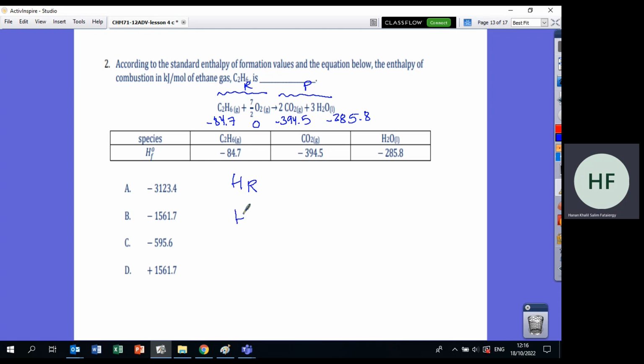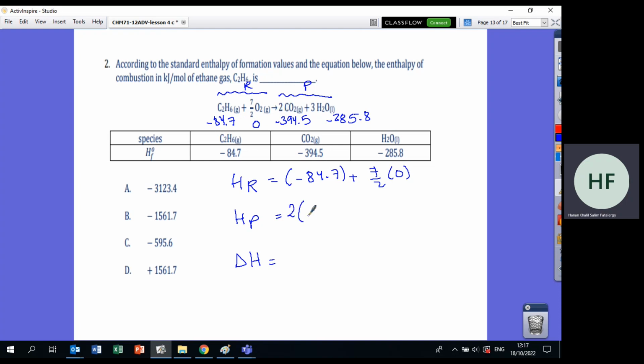Okay, now do heat of reactants, heat of products, and then do delta H. So the reactants will be only this. So it's minus 84.7 plus 7 over 2 times 0, which is 0.